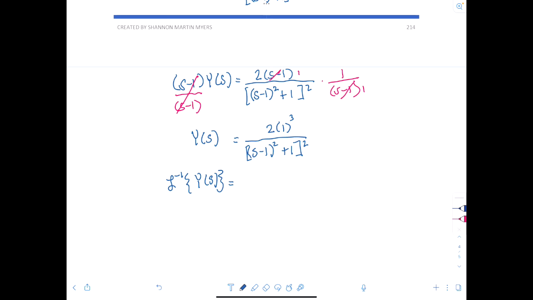So this would be, if we look at this as the inverse Laplace transform of 2 times 1 cubed over s minus 1, the quantity squared, plus 1, all squared. And I'll paste that formula here.